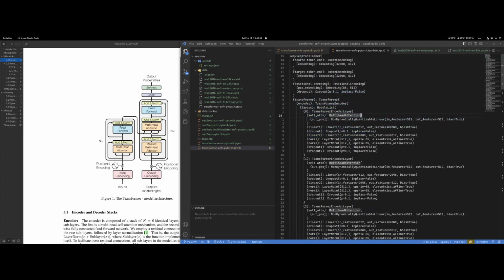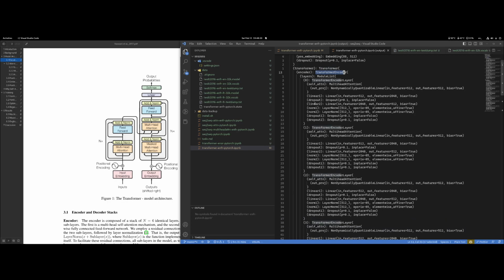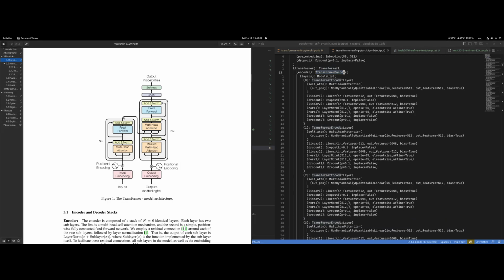You can see it has a transformer here, it has the encoder, which is of type transformer encoder, and you can see the layers here. If you recall from the paper, we said the encoder is actually multiple layers, N of them. So you can have your model have 6 layers, 12 layers, depending on how complex you want it to be.